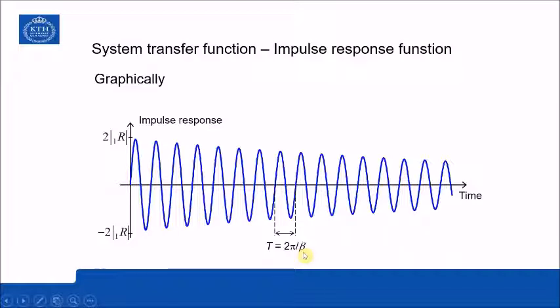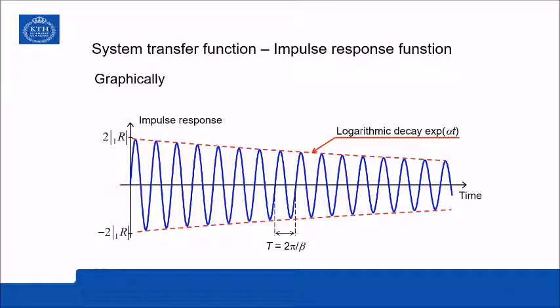That means that the oscillation frequency in hertz will be given by beta over 2 pi. Then the decaying amplitude here will be given by the exponential of alpha t, where t is time.